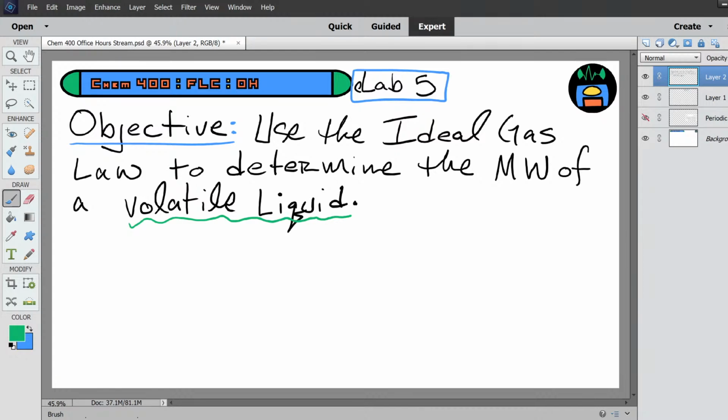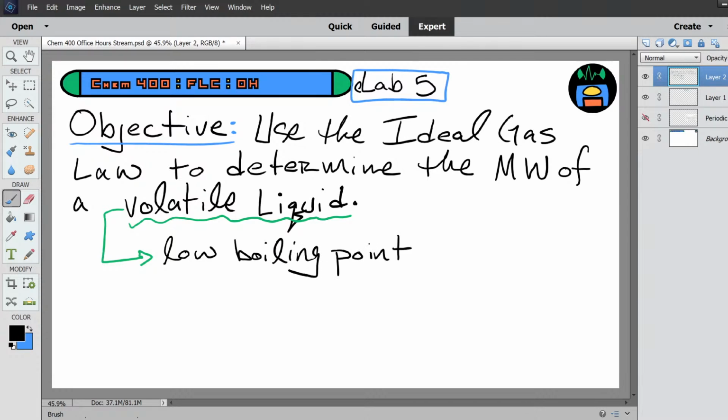What is a volatile liquid? Sometimes you hear the word and you think it might be explosive. You're like, oh, that person's volatile. In the context of chemistry, a volatile liquid has a low boiling point.